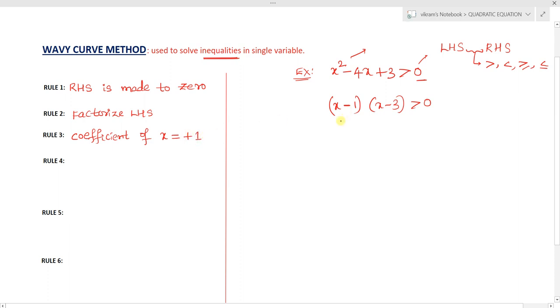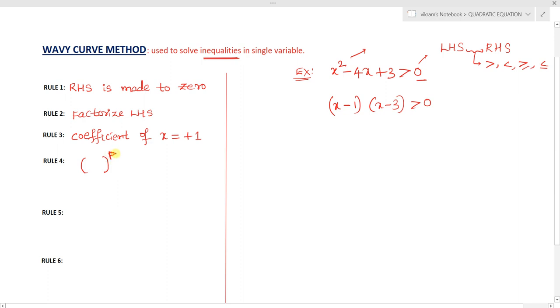Here in x minus 1, the factor has the coefficient of x as 1. In the factor x minus 3, again x has the coefficient 1. So it satisfies the third rule also. Next, we need to check for the powers of the factors.